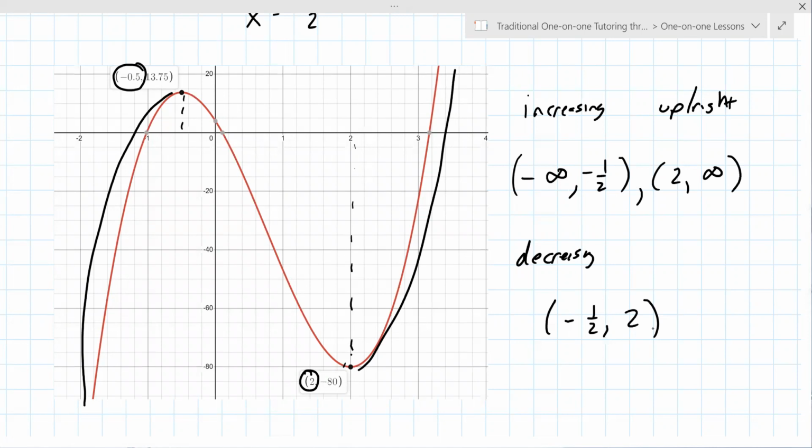So the graph really helps. If we had to do this by hand, it's slightly more difficult, but it's definitely doable. Okay. But I think that's everything for A, B, and C.